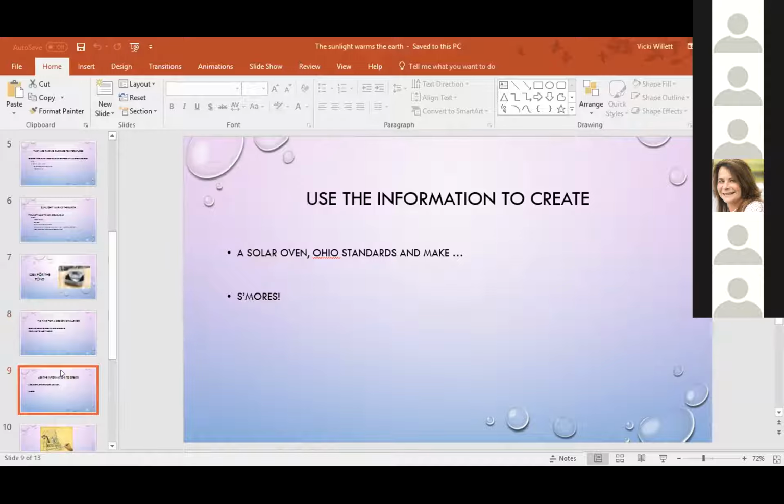we're going to create a solar oven and make s'mores, which is a great time for the kids. And a lot of the teachers use the pizza boxes and set them up with tin foil and plastic and all of that.